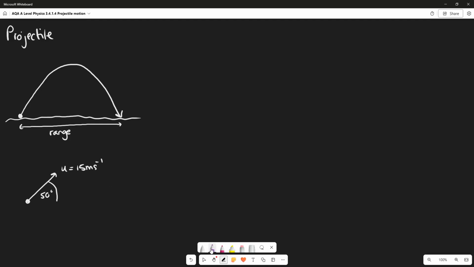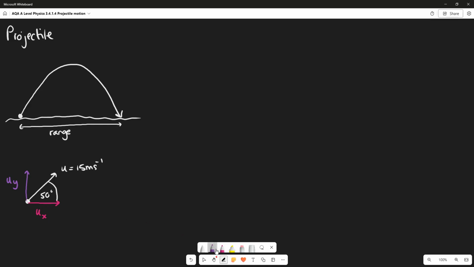What you then have to do is resolve that into vertical and horizontal components so that you know the horizontal speed and the vertical speed. We start off by using the vertical speed to calculate how long a time it's going to stay traveling for until it lands. And then we use that to calculate how far horizontally it went in that time.